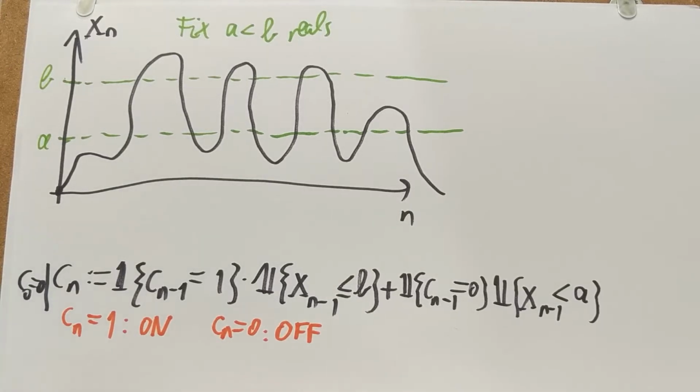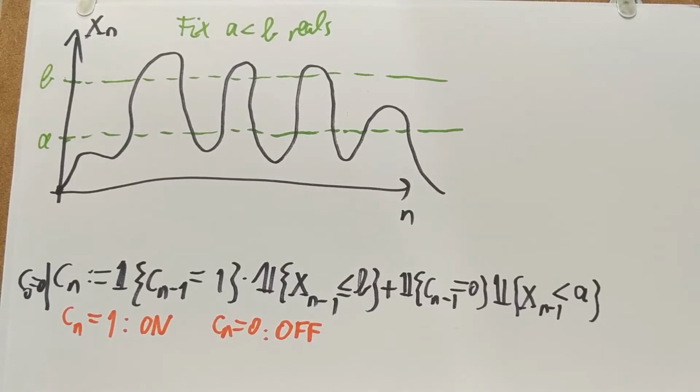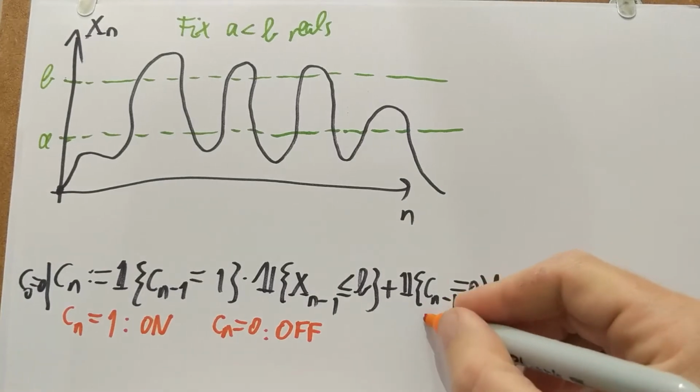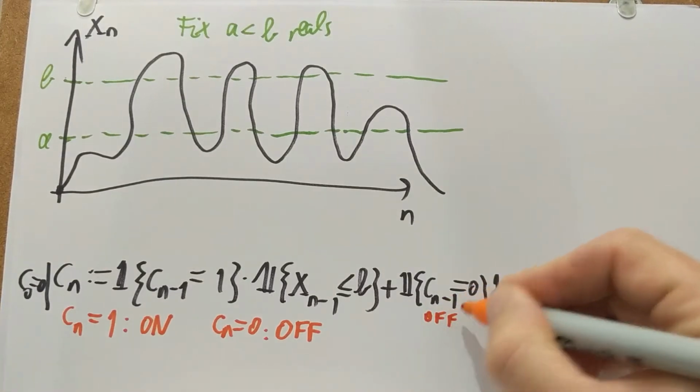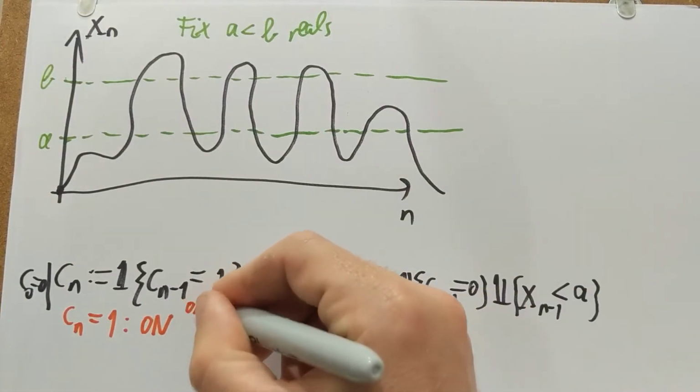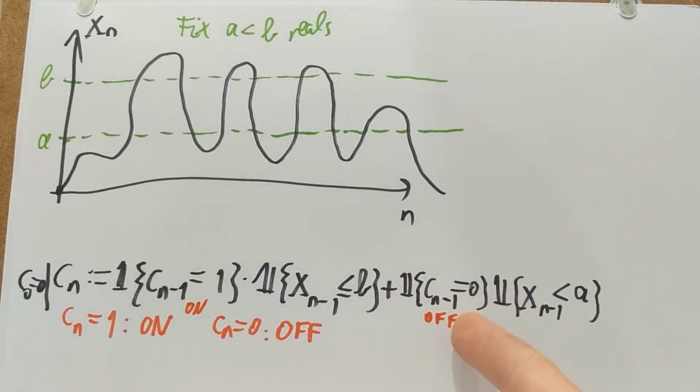Okay, so why do I call it on and why do I call it off? C_0 is 0, so when the previous value of C is 0, the process was off in the previous step, and here in the previous step the process was on. So when does it turn on if it was off?